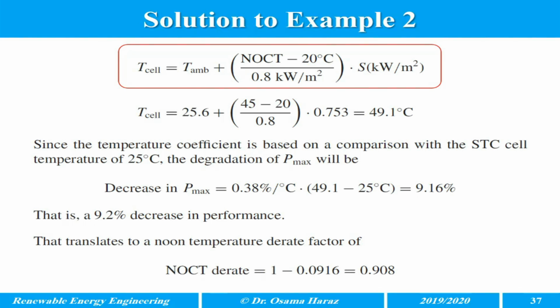It's 1 minus the decrease in power we got here. So 1 minus 9.16 divided by 100, since it is a percentage, and you end up with 0.908. That means the NOCT derate factor is almost 90.8%.